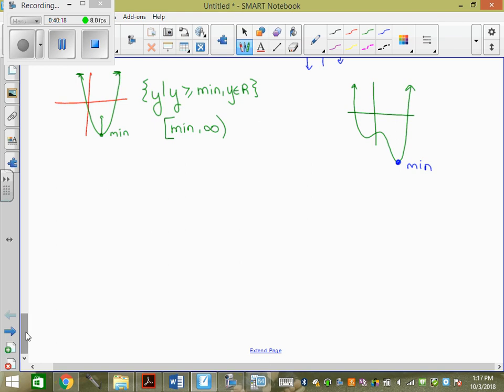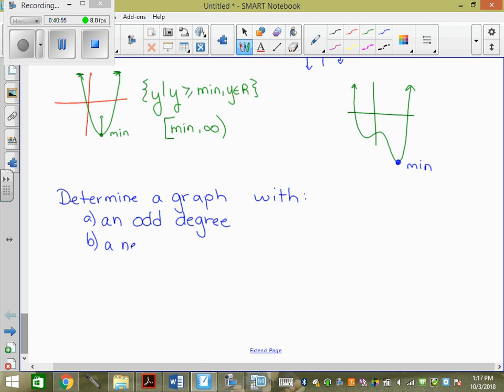So what happens if they do give you stuff? So say they give you: determine a graph with an odd degree; B, a negative y-intercept.